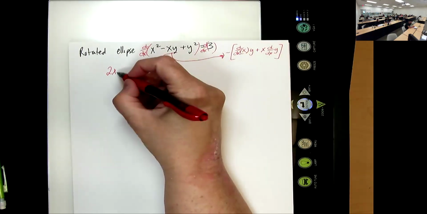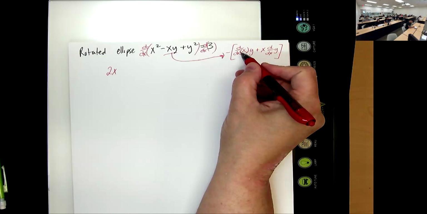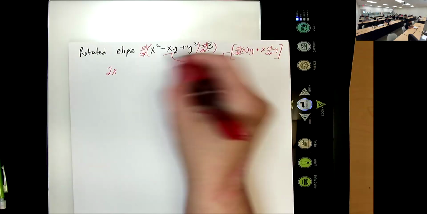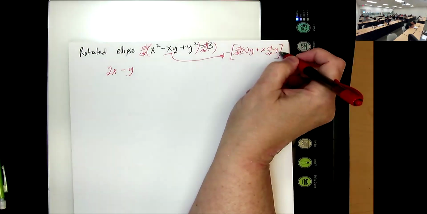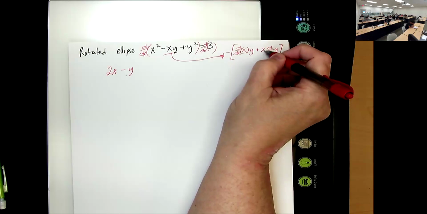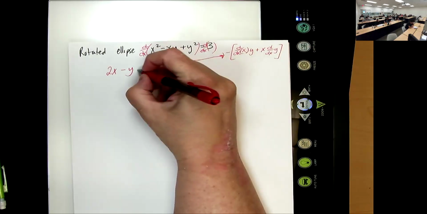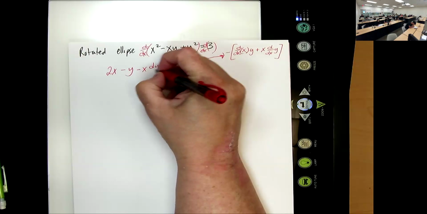So when I do that, the derivative of x is 1, so I'm going to have minus y. And then I take the derivative of y, it's dy/dx. I still have an x, and I still have a negative. That's going to be negative x dy/dx.